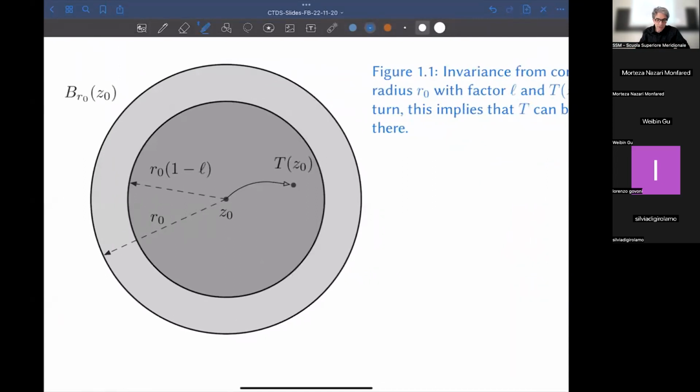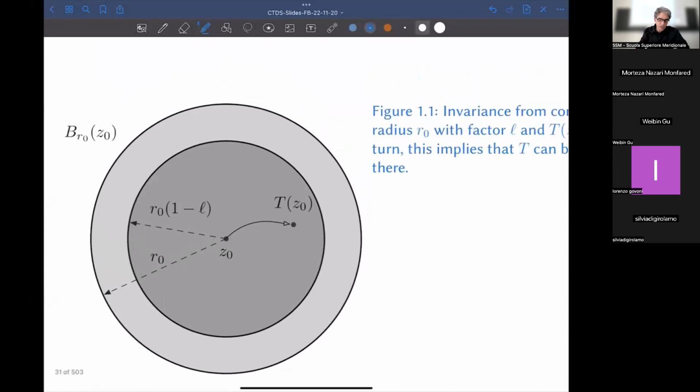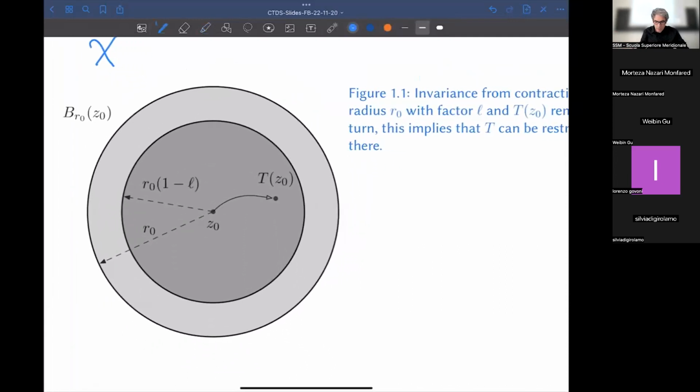Suppose that there's a metric space, and the metric space is big. It's a big metric space. Suppose that your map T is contracting only in a neighborhood, in a ball centered around the point z0.